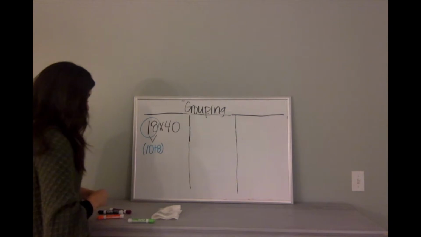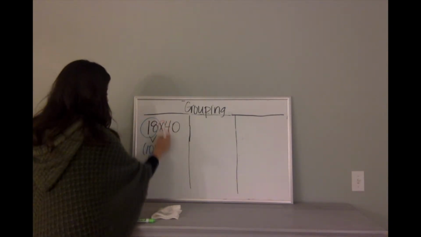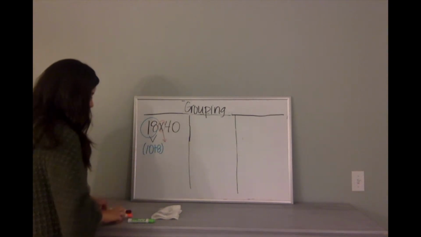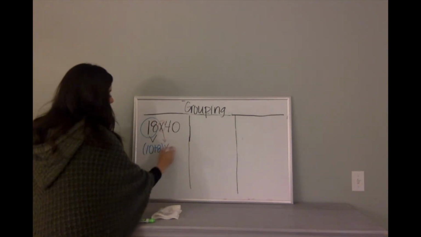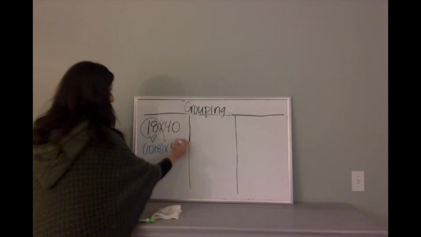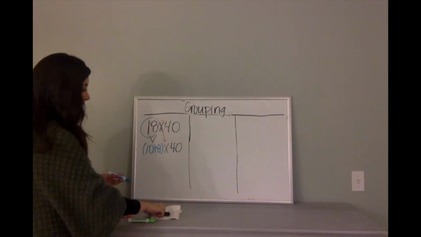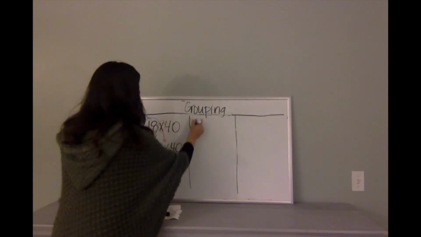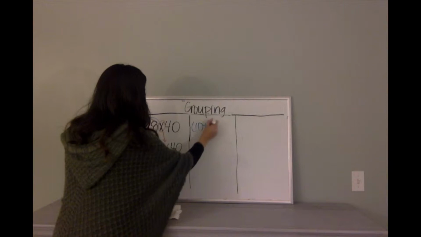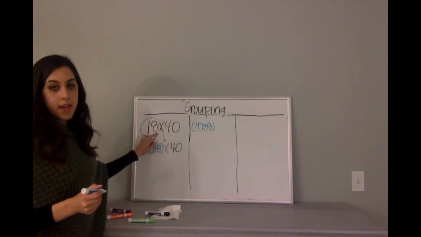Now, I'm going to use my multiplication sign. Bring this down, okay? And I'm going to multiply all of that by the 40. Now, I'm going to bring this over to the other side so it could be easy to read. So I'm going to put here 10 plus 8, because remember we got this from the 18. We broke it apart into the tens and the ones place.